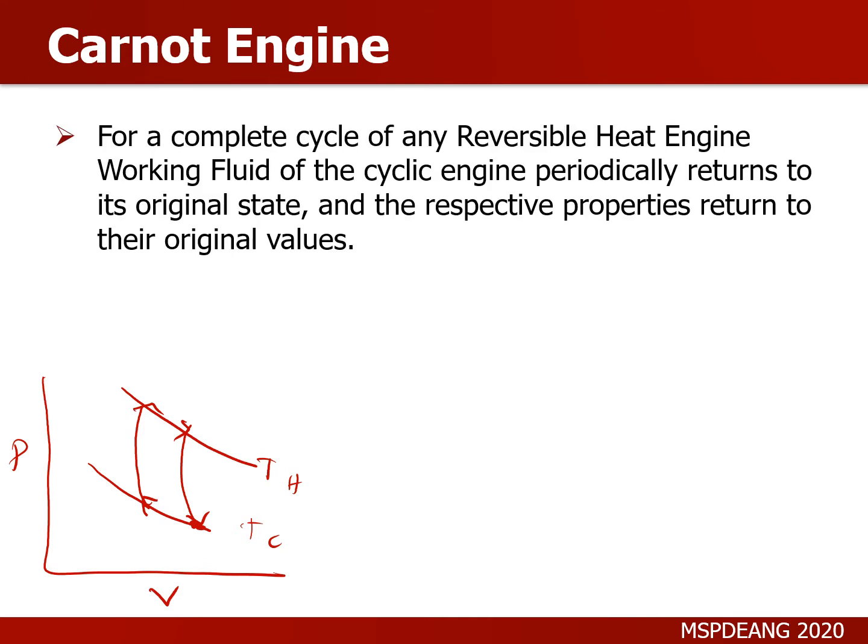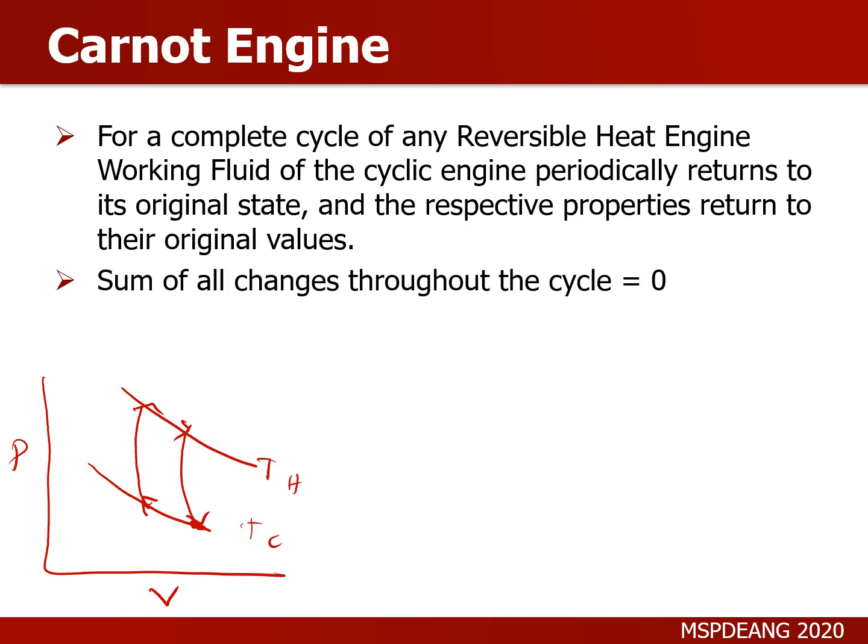So for a complete cycle of any reversible heat engine, the working fluid of the cyclic engine will periodically return to the original state, and the respective properties will then return to their original values. Therefore, the sum of all the changes throughout the cycle is now equal to 0.